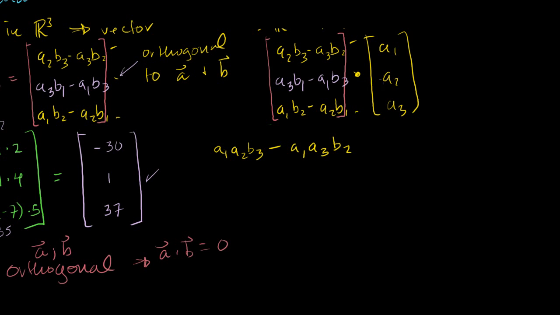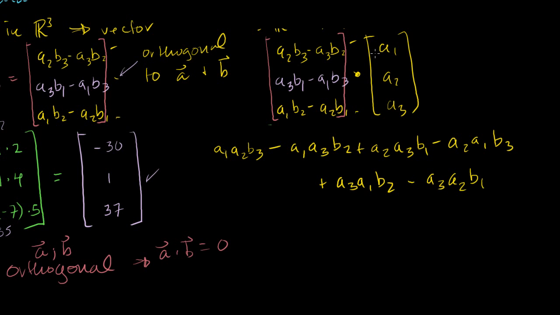And then you have plus this times this, so plus A2 times A3, B1, and then minus A2, A1, B3. And then finally plus A3 times A1, B2, minus A3 times A2, B1.